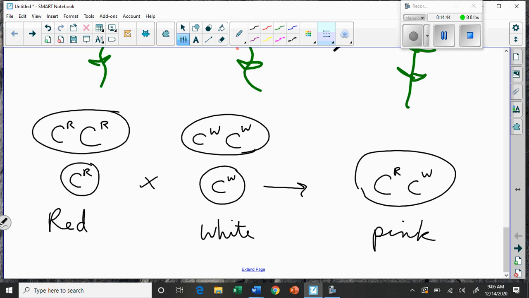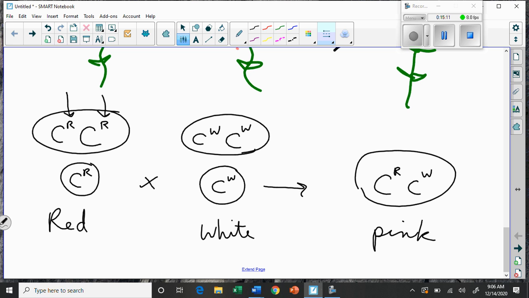So in this kind of crossing, it's all capital letters, and we just keep track of the alleles with the little superscripts on top. And then there's only three possible situations: two of the same, or two that are different. And the two that are different would be the blending of the two traits. So that's incomplete dominance.